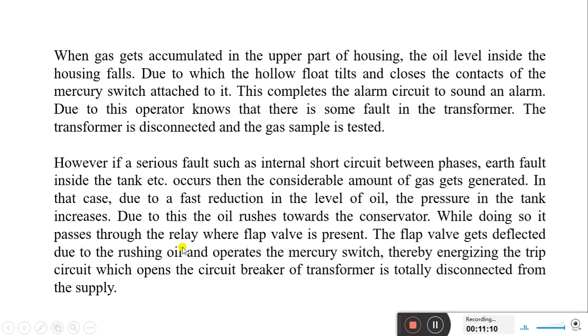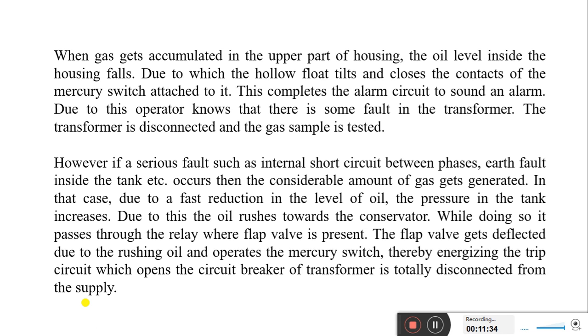While doing so, it passes through the relay where the flap valve is present, and the flap valve gets deflected due to the rushing oil and operates the mercury switch, thereby energizing the trip circuit, which opens the circuit breaker so that the transformer is totally disconnected from the supply.